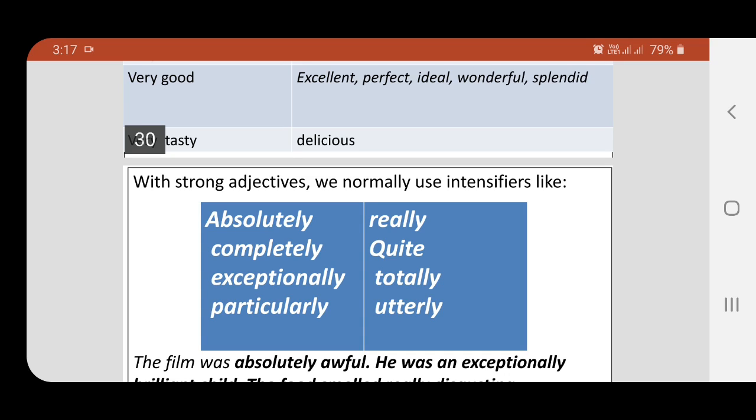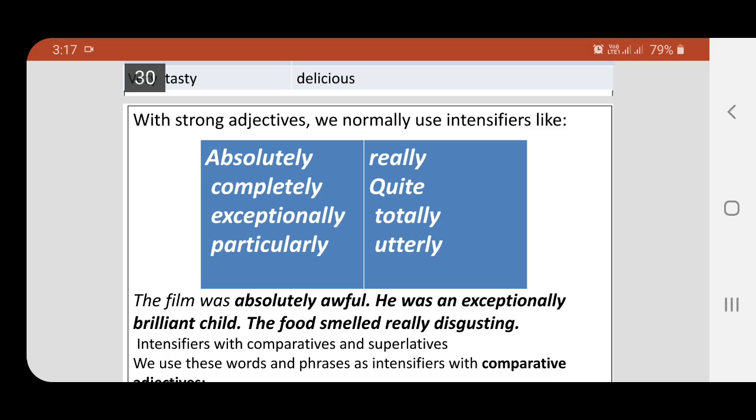With strong adjectives, we normally use intensifiers like absolutely. This is absolutely free. The place is absolutely free from pollution. Really, he is really a good person.